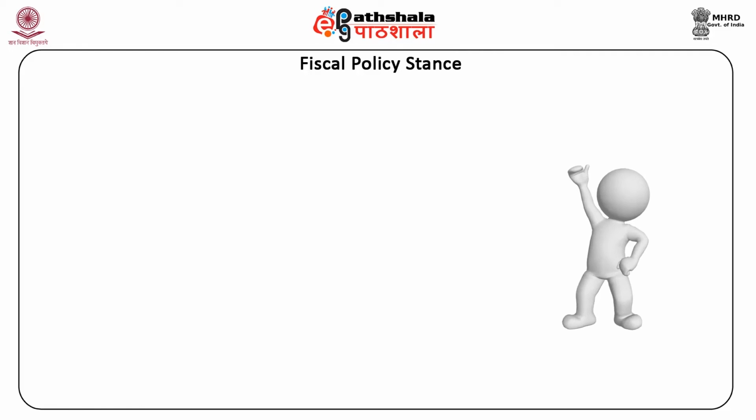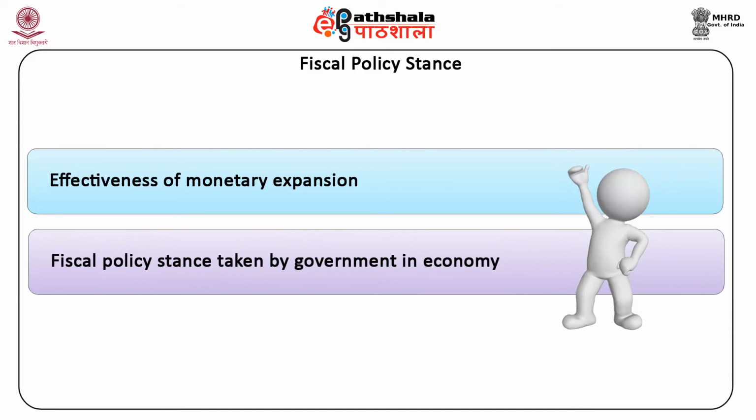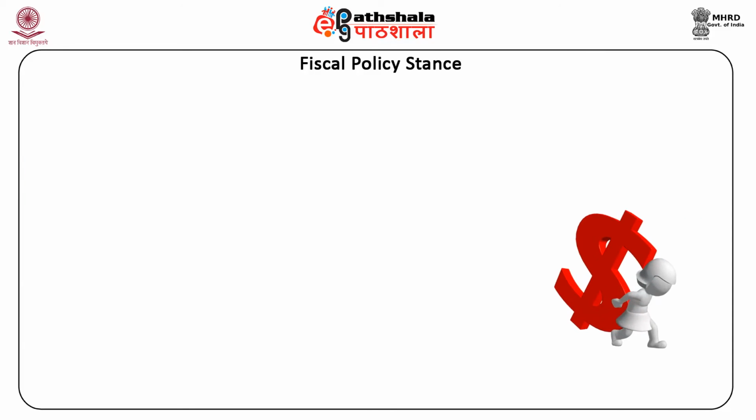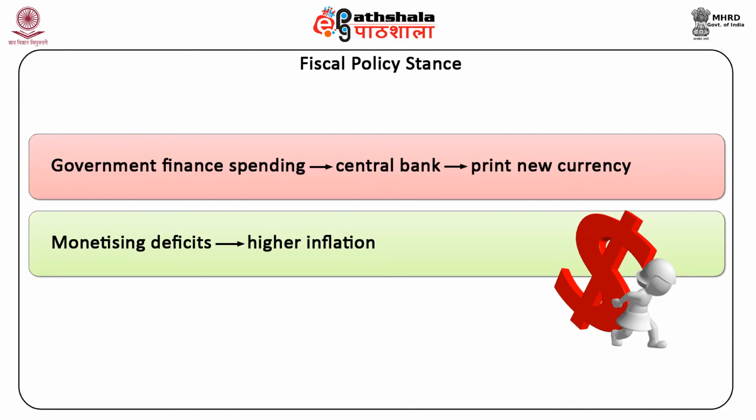Next is the fiscal policy stance. The effectiveness of monetary expansion relies on the fiscal policy stance taken by the government at the same time in the economy. Sometimes government finances its spending, that is deficits, through borrowing from central bank, which in turn prints new currency to finance government deficits. This is called as monetizing deficits.